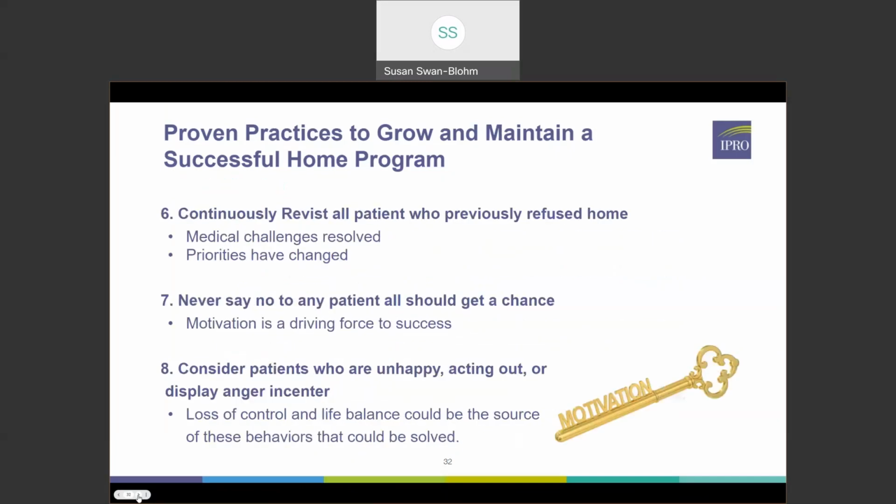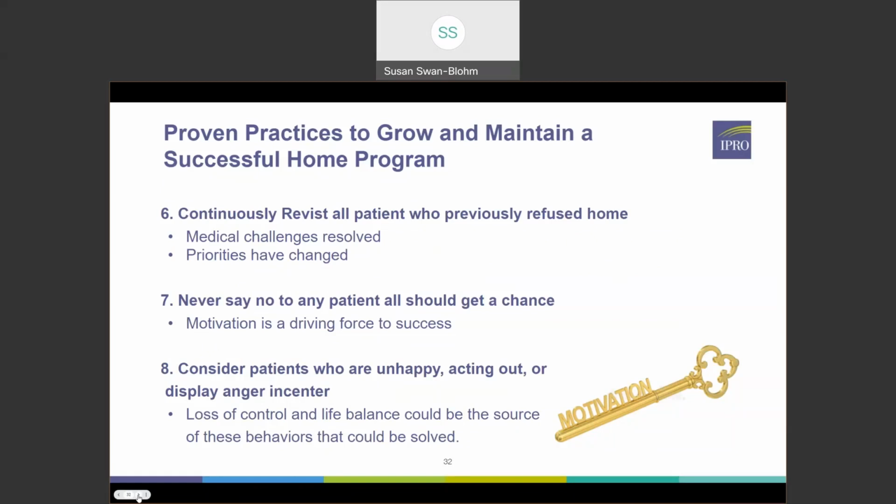Patients who have the cognitive and physical ability or a competent care partner should have a chance to try home modality. Motivation is a driving force to success, and all motivated patients should have a chance. Patients who were previously ineligible for medical reason, housing, or other challenges should be evaluated as their priorities or previous challenges may have changed.